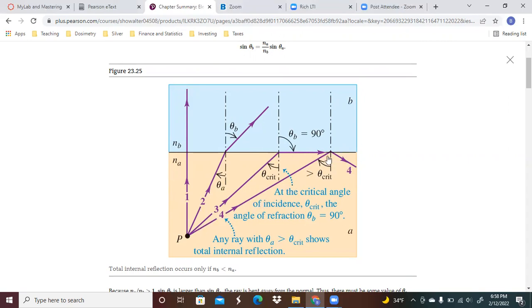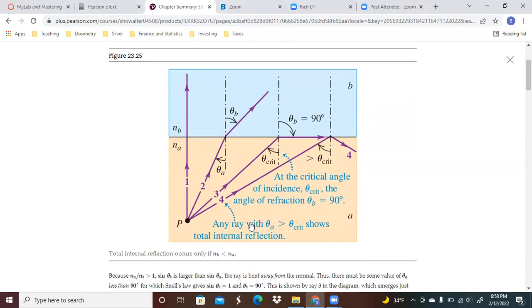What you're also seeing here is that any angle that is greater than the critical angle to the normal, as measured here, ends up getting total internal reflection. In other words, it's not penetrating over here. The light is being bent to the point where it's just being bent backwards into this particular medium.